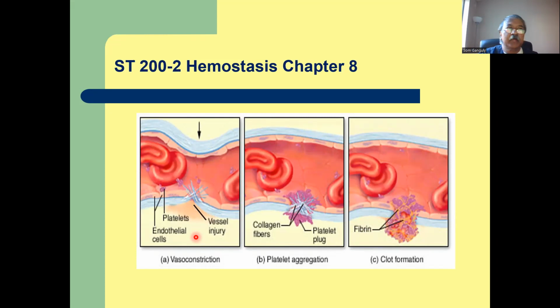stimulate other components to come and sit there to form a platelet plug. Those components are commonly known as fibrin or fibrinogen.